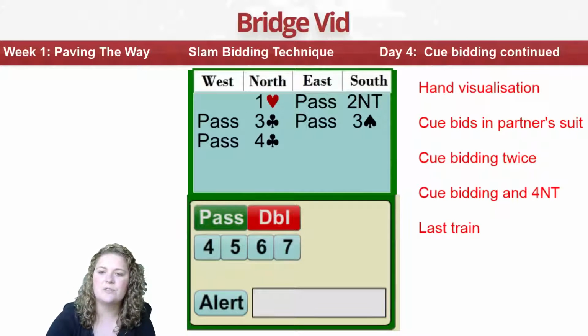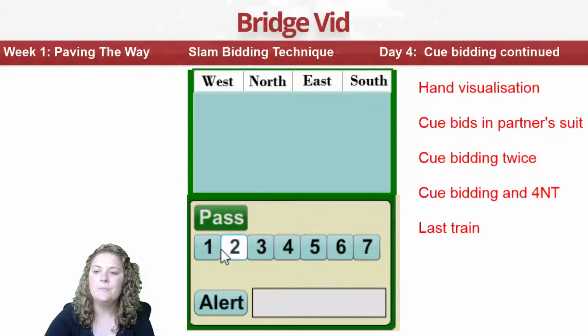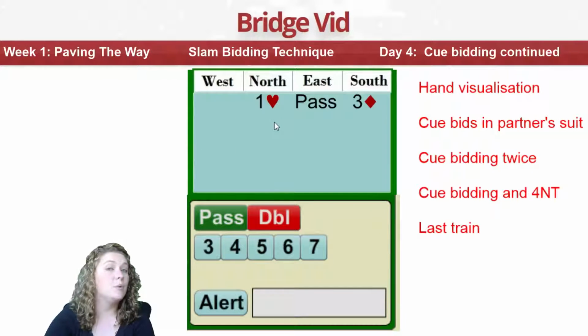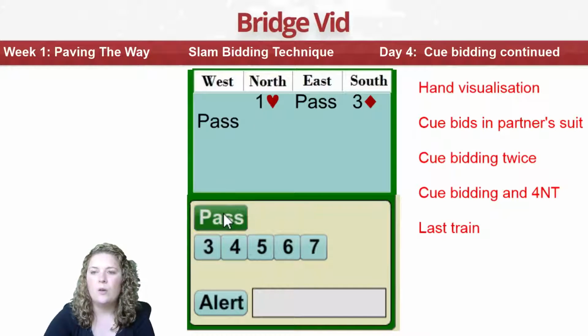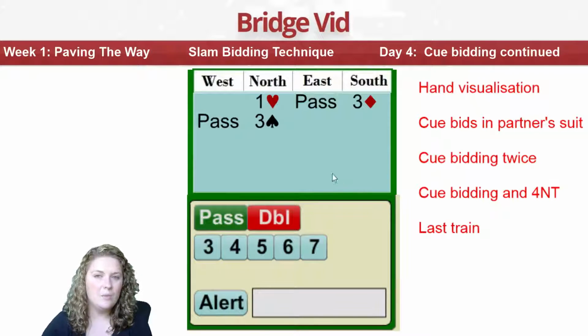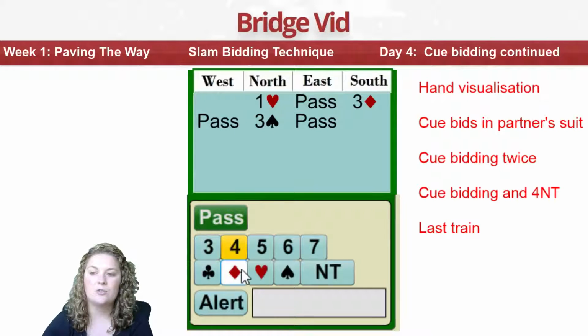There's also an interesting situation about when a splinter bid's happened. If you play splinters with your partner, you might have a bid that's a splinter bid. We'll say 3 diamonds if you play that as a splinter. What always happens after there's been a splinter bid, if we start a cue bidding auction, if anyone cue bids the splinter suit, they must have first round control in it.